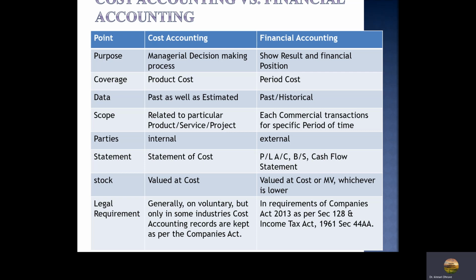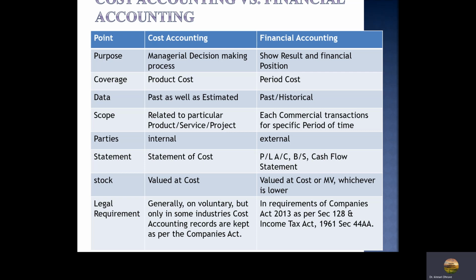Now, if the company has excess funds, for example, it can invest such funds in securities and earn regular income. This regular income can be shown on the credit side of the profit and loss account, but cost accounting will not consider the income earned through this investment on the receipt side.